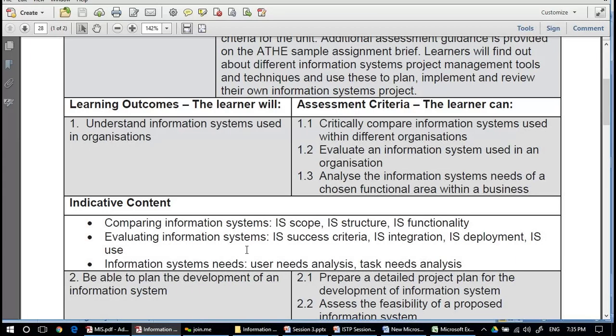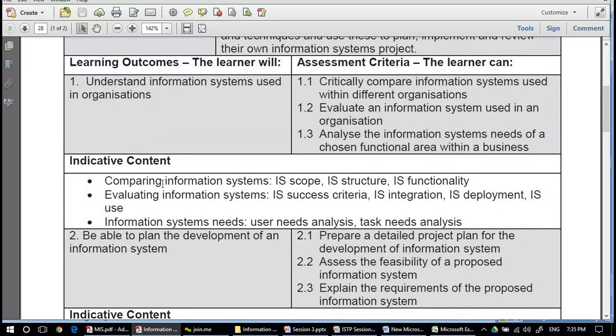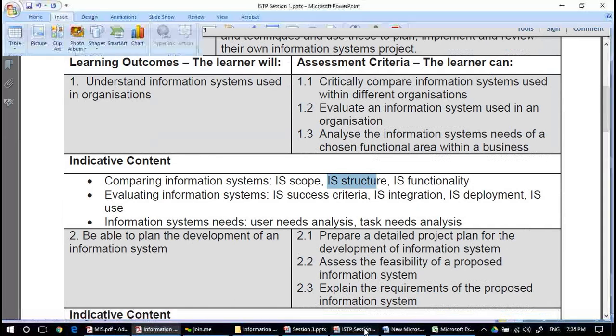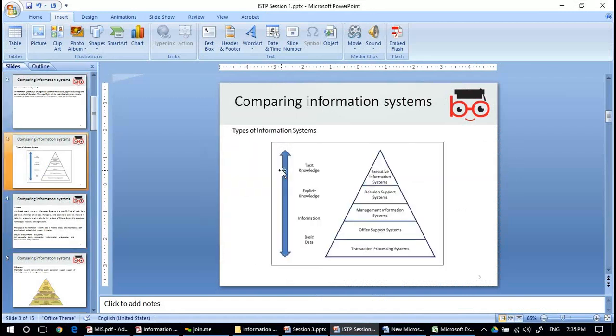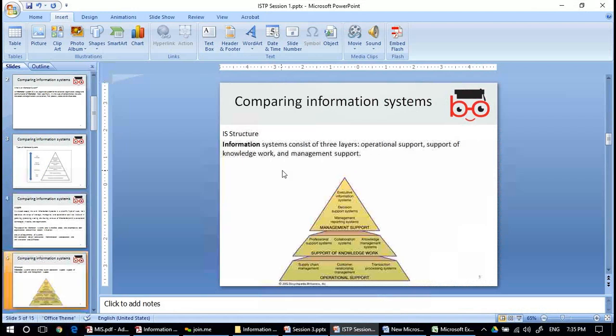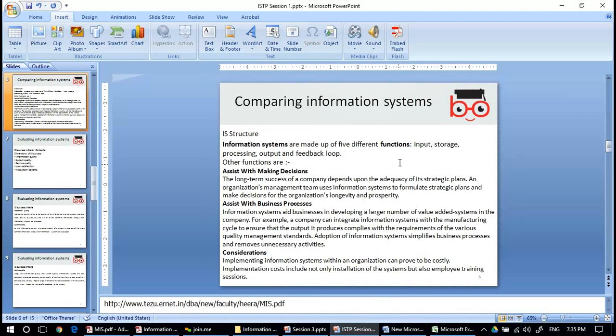We are discussing the scope, the structure of information systems, and information system functionality. We started with the information system. I'm recapping the concept: what is an information system, types of information systems, scope, and structurally, how they can be classified.